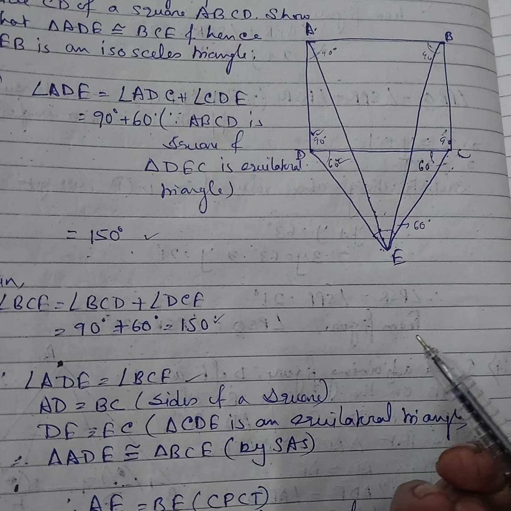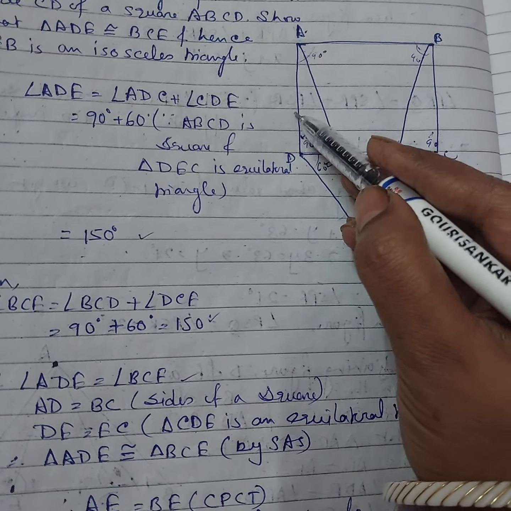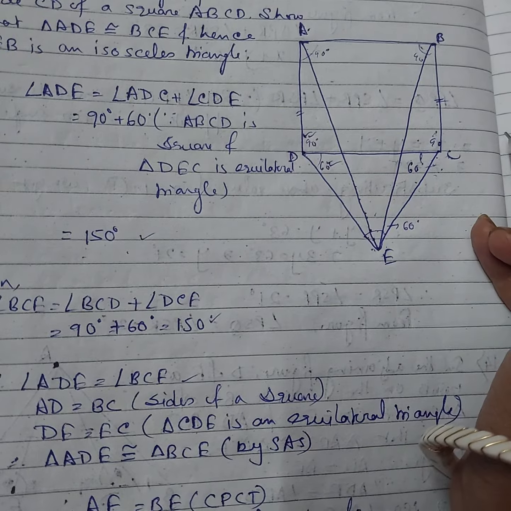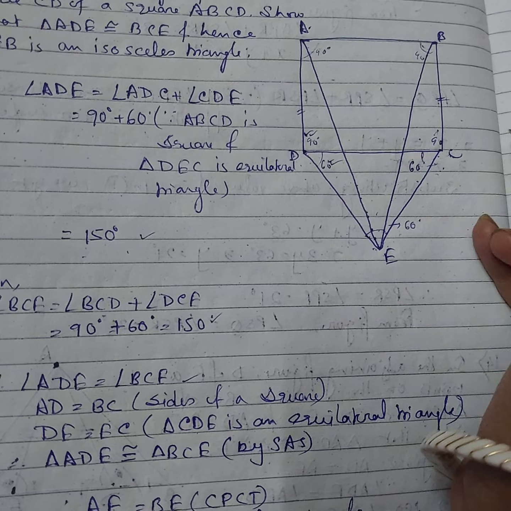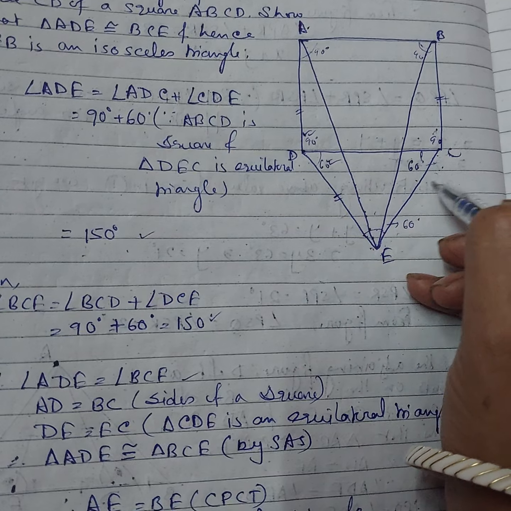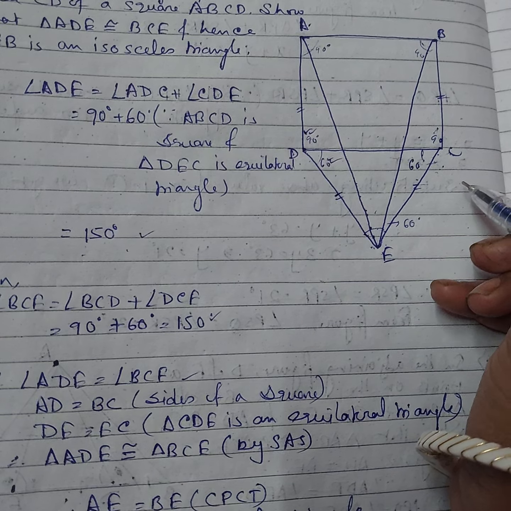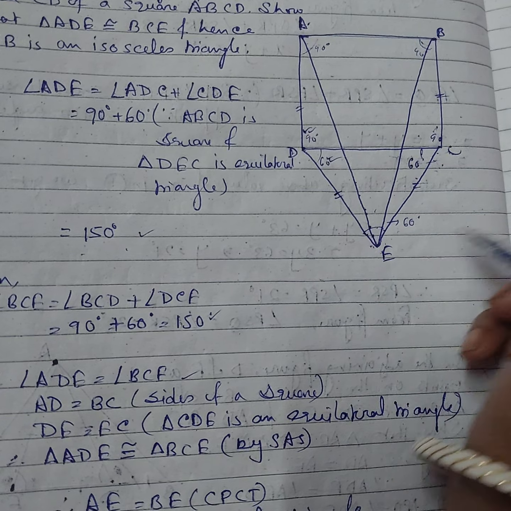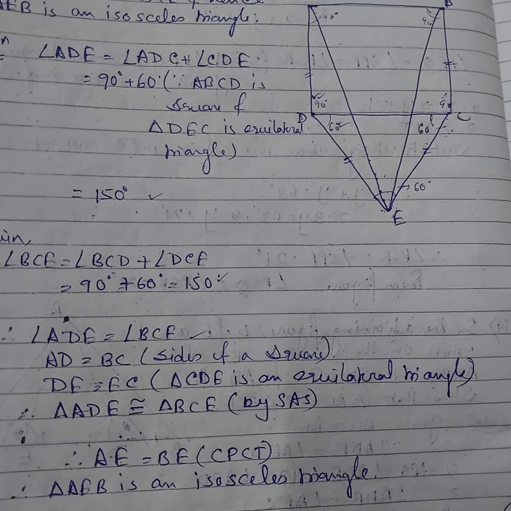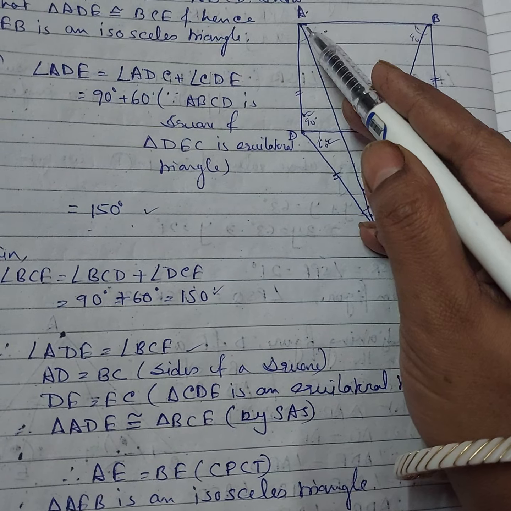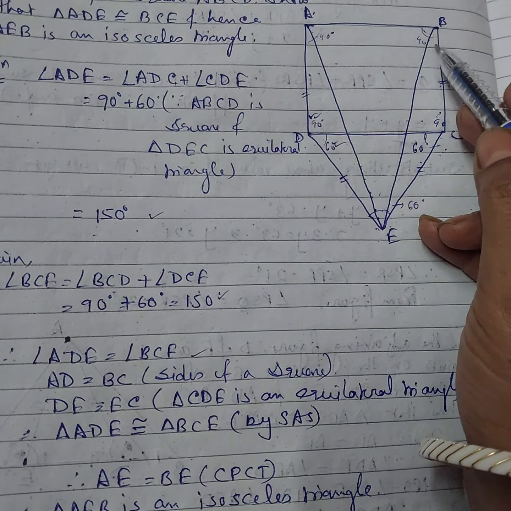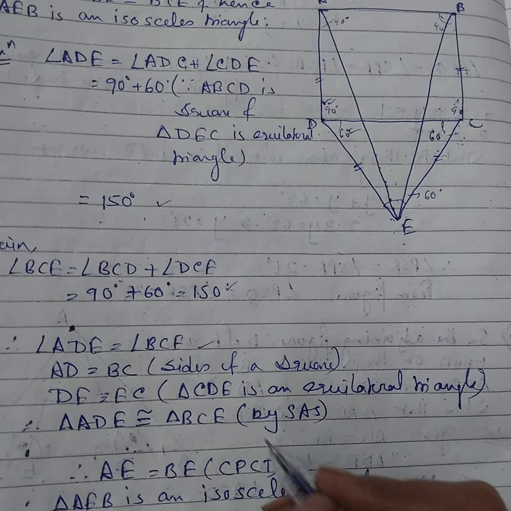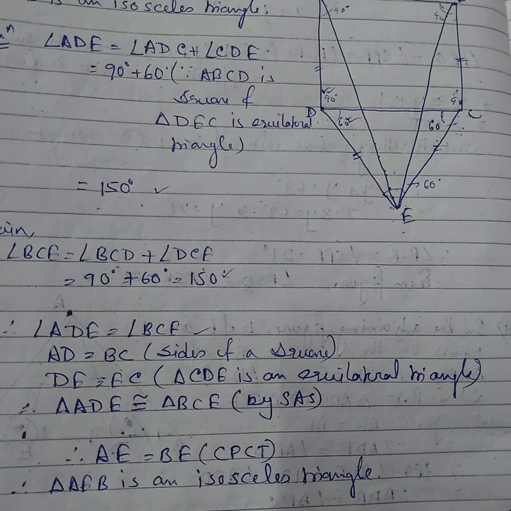Okay, now we know that AD is equal to BC because they are sides of the square. Again, DE is equal to EC, since CDE is an equilateral triangle. Therefore I conclude that triangle ADE and triangle BCE are congruent to each other by the SAS rule.